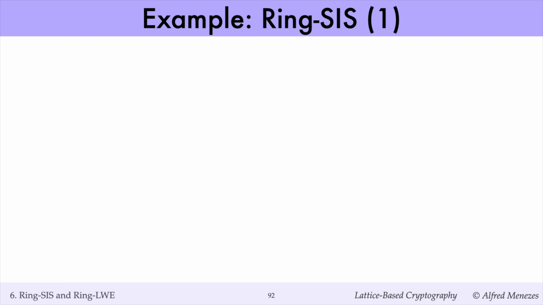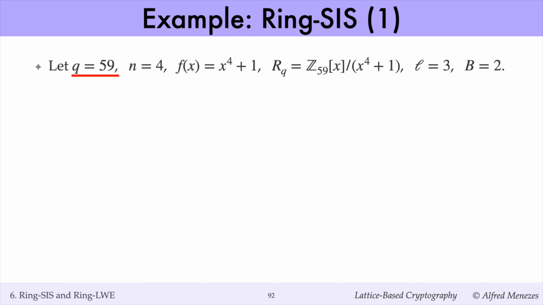Here's an example of Ring-SIS. Let's take Q to be 59, N to be 4. So the ring of polynomials RQ is the polynomials over Z59, modulo x to the 4th plus 1. We'll take L equals 3, so M equals L times N, which is 12. And we'll take B to be 2.